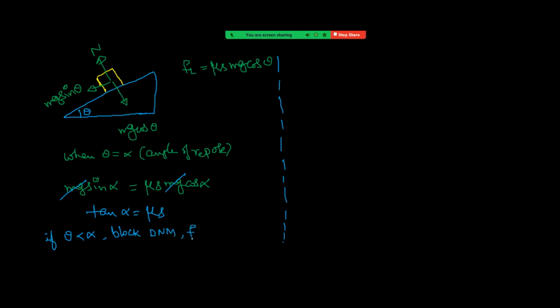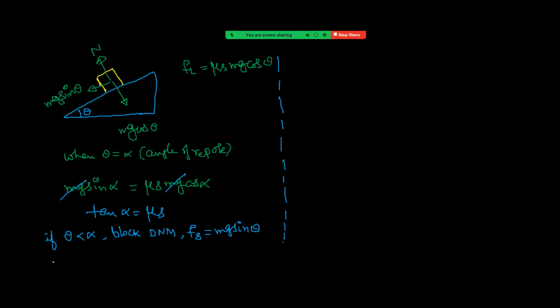Since the block is not moving, it is static friction, which is equal to mg sine theta. If the angle of inclination is less than the angle of repose, the block does not move, so friction is static, equal to mg sine theta.